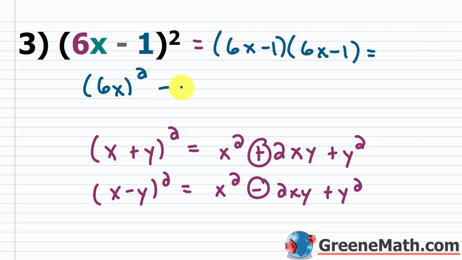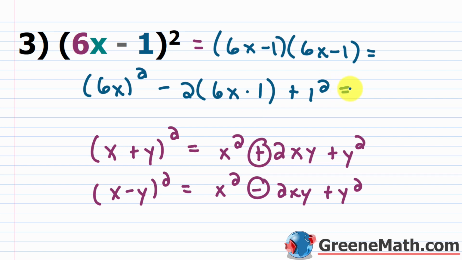So we're going to have minus 2 times the 6x multiplied by the 1. So in other words, minus 2 times the first guy times the second guy. So the 6x times the 1. Then lastly, I have these last terms here. I have a negative times a negative, right? So I know this is going to be plus, and then I can just do this 1 times 1, or 1 squared. So this is where we use our formula, and I'll do this once more so it's completely clear.